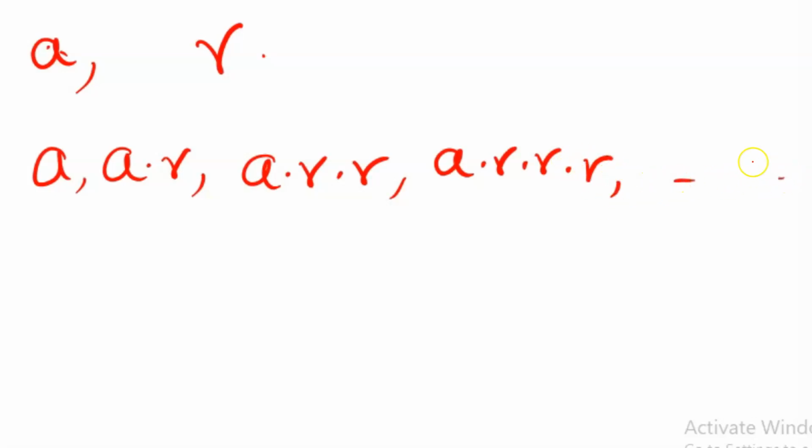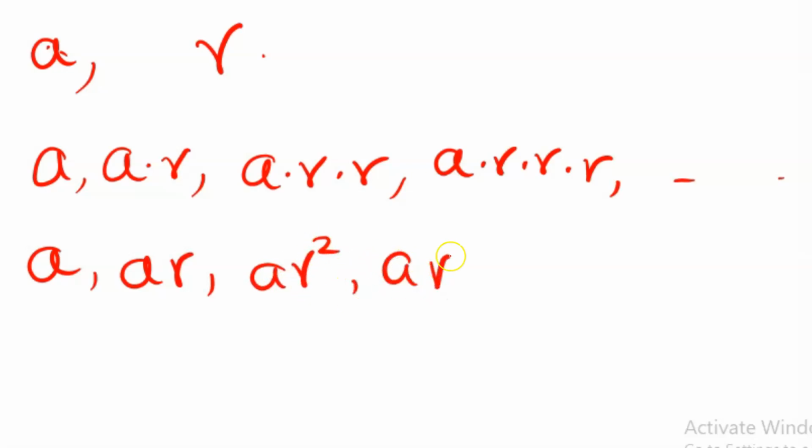So the pattern of the sequence is A, AR, AR squared, and then AR cubed. Can you guess the next term?